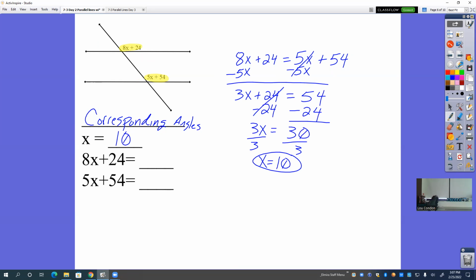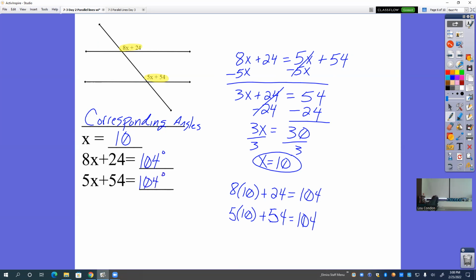Okay. So 8 times 10 is 80, plus 24 equals 104. And 5 times 10 is 50. 50 plus 54 also equals 104.